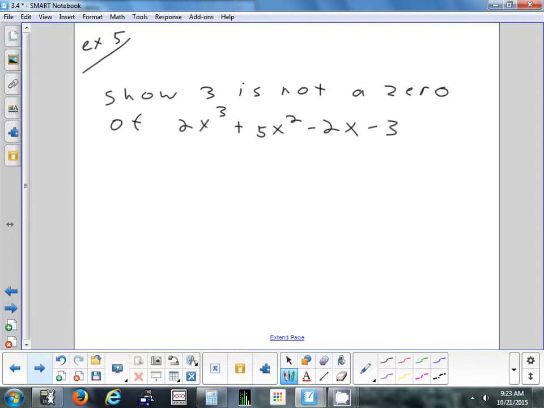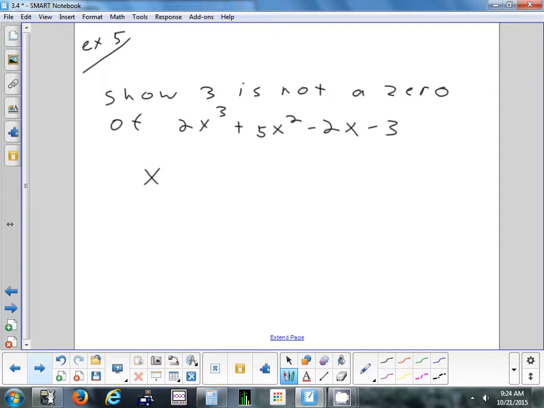Right, how could I do that? It says show 3 is not a root, or show 3 is not a 0. There's a few ways you could do it. I don't want to do it graphically. You could draw a picture and say it doesn't cross the x-axis at 3, but let's not do it that way. Change 3 to a factor, so x plus 3.